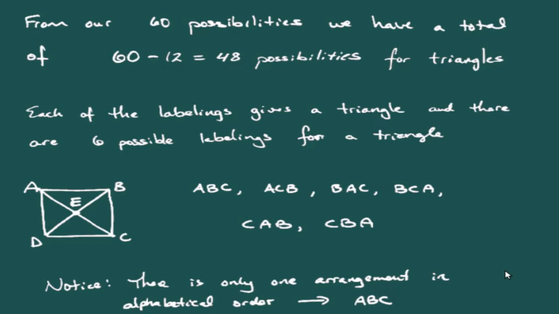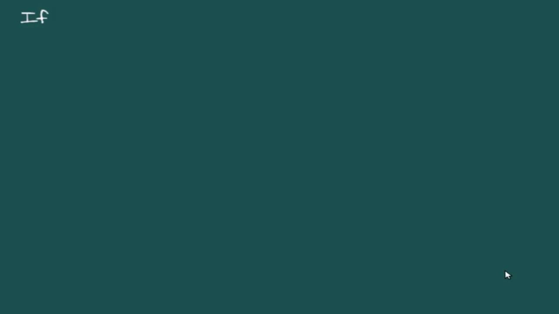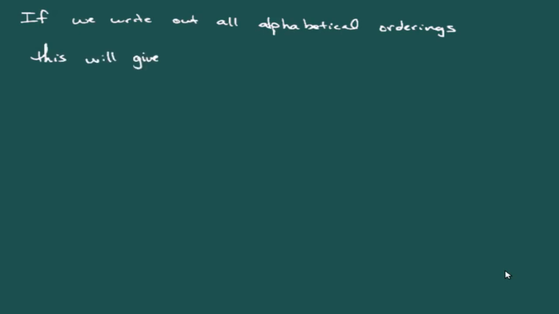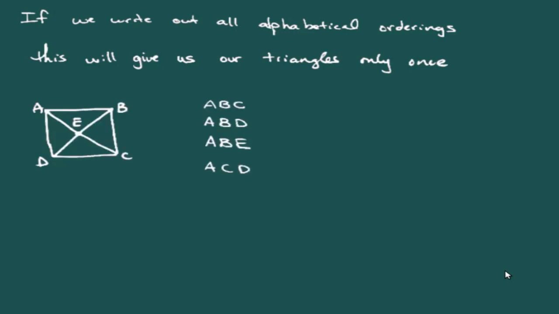And if we write down all of the alphabetical orderings that we can have for our vertices, there's a whole lot less of those. We can have ABC, ABD, ABE, ACD, ACE, ADE, and so on. And we can see from those, we've really only got 10 possible orderings. And from those 10 possible orderings, 2 of them are going to be the diagonals, ACE and BDE.